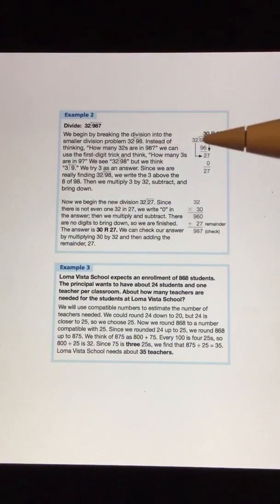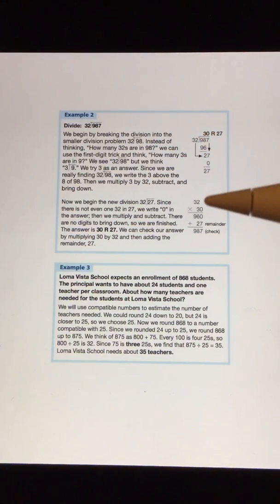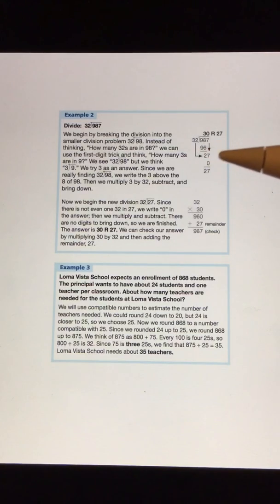So 32 should probably go into 98 3 times. 32 times 3 is 96. Then I subtract and I have 2. I bring down the 7. How many times does 32 go into 27? 32 doesn't go into 27, right? And how many times does 3 go into 2? Can't happen. I put my 0 up here, then I subtract, and I have 27 as my remainder.